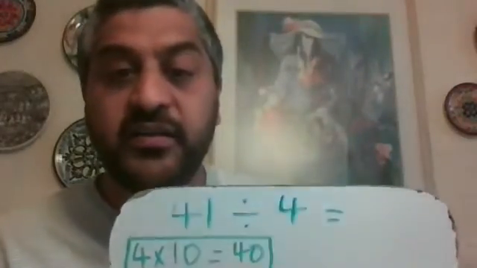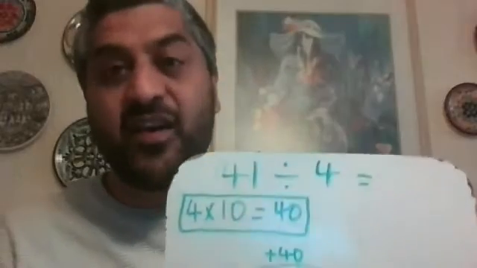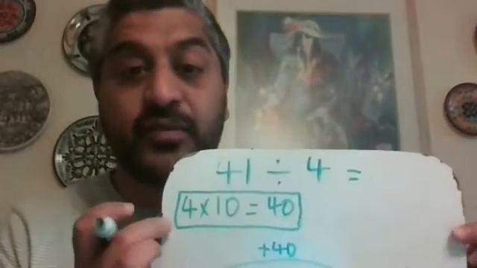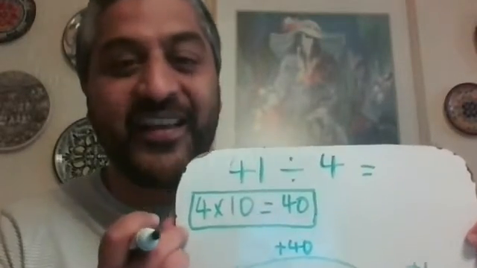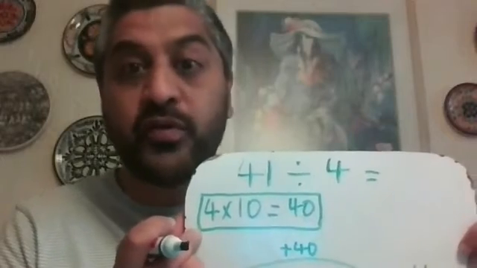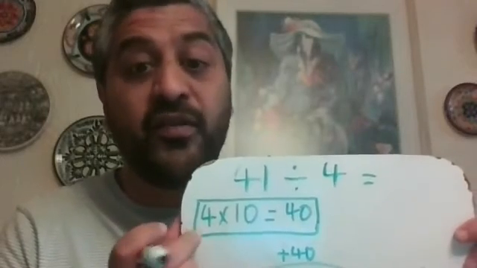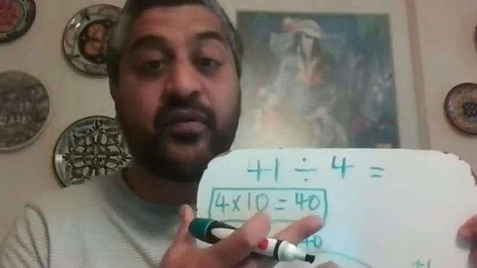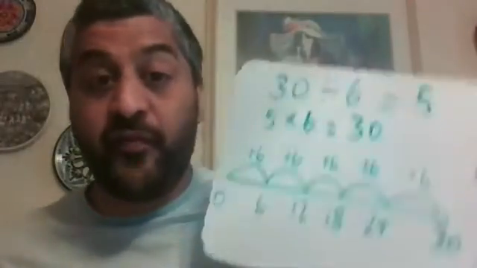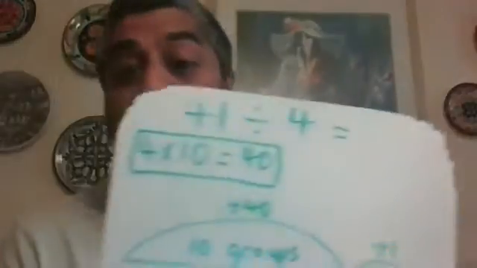And that lends perfectly into the next question, which is 41 divided by 4. So this time I've used my times tables to help me in this little help box, okay? So if you know your 4 times tables, it will help you a lot. If you know 4 times 10 equals 40, it saves you doing all these jumps of 4 on this example.